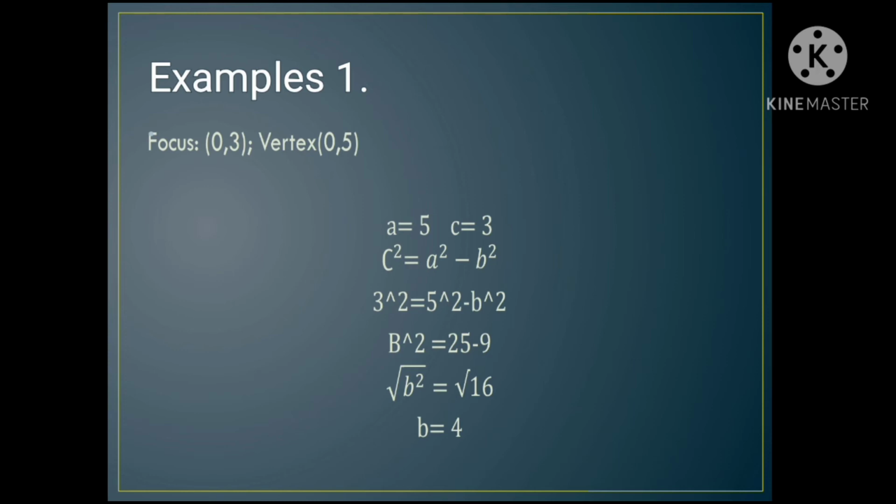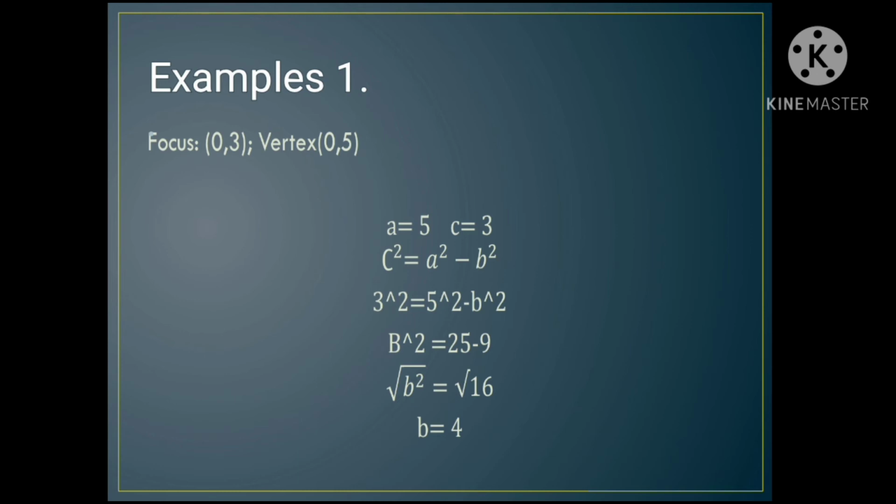Just do the additive inverse, so B squared, because it will be moved as well, additive inverse. So 5 squared is equal to 25. Then 3 squared is equal to 9. So B squared is equal to 25 minus 9.